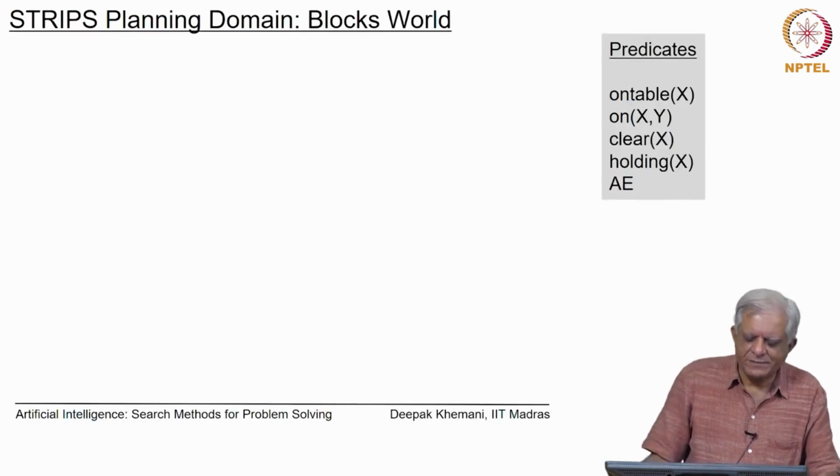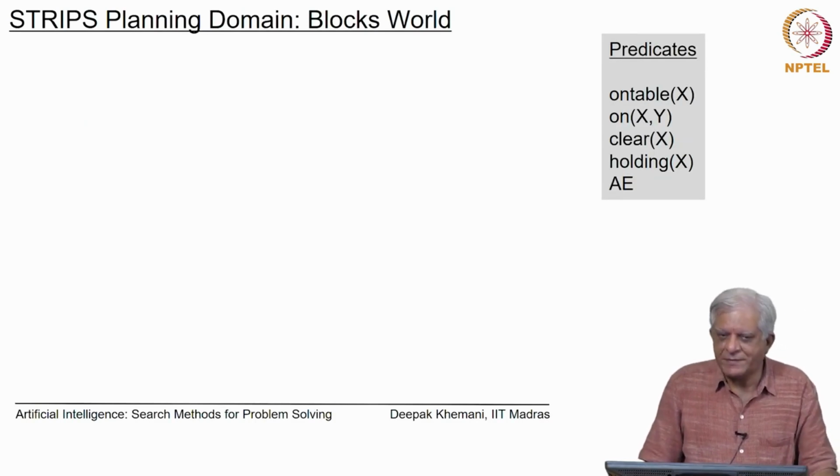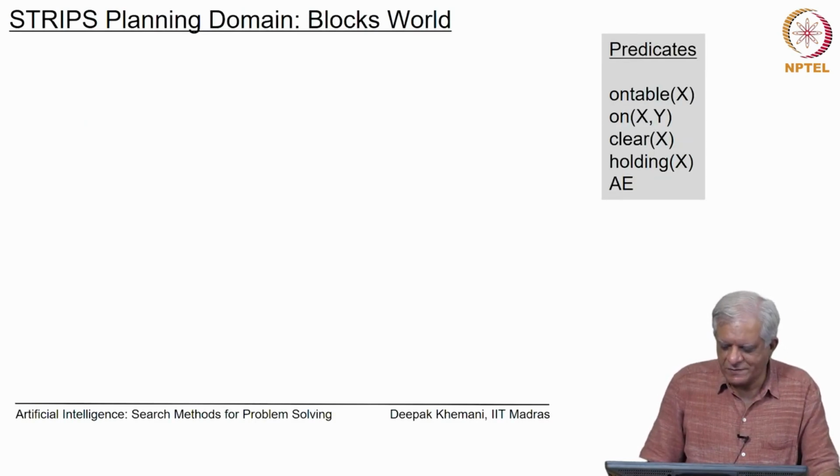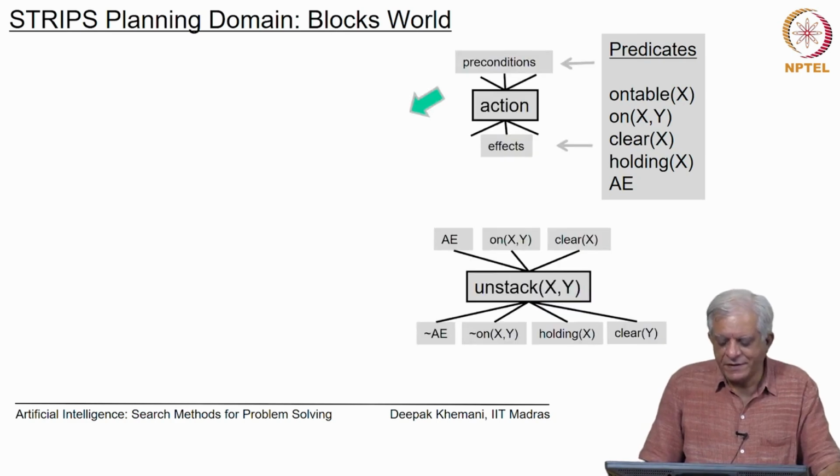So, what are the operators that have been traditionally defined in the blocks world domain? Now, remember that the predicates that we defined for the blocks world domain were on table x, on x y, clear x, holding x or arm empty. Now, remember that an operator has to have a certain structure.